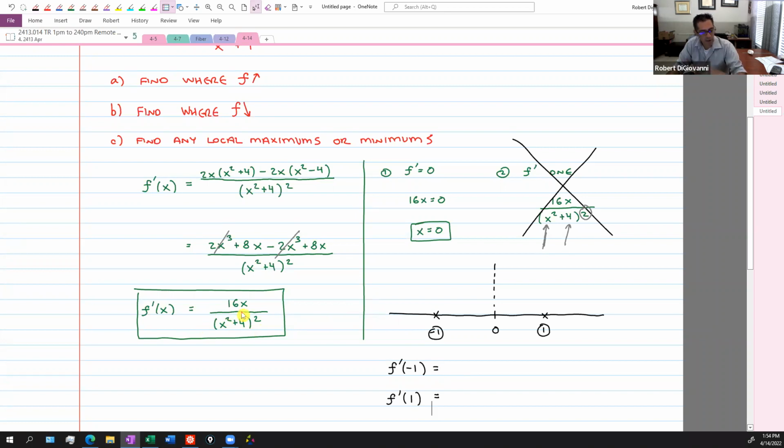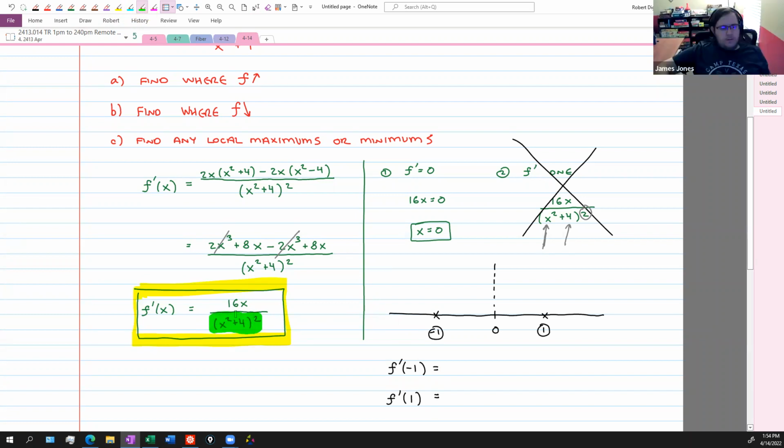Here's my derivative here in yellow. What can y'all tell me about the denominator of this derivative? What is it always going to be? It'll always be positive. Always positive, right? Okay, so all that really matters is what's happening up on top. So if I plug -1 in, 16 times -1 is -16.